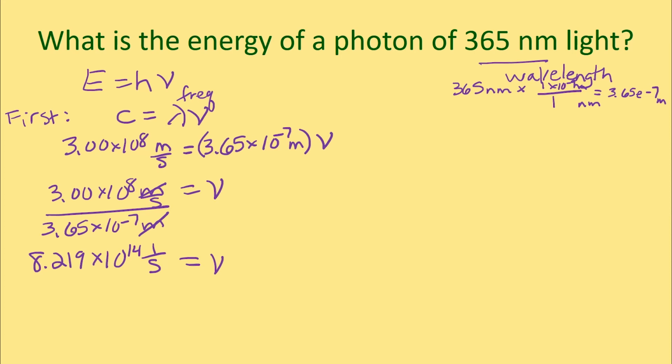It's important when you're using your calculator that you should be using the exponential function designed for entering numbers in scientific notation. All right, so now I'm ready to calculate the energy. Energy is equal to Planck's constant times the frequency.